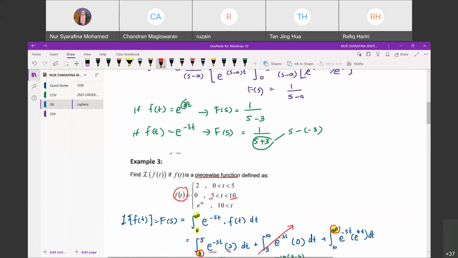Any question? Understand or not? Okay, try. So the middle one here is multiplied by 0, so no need. Just integrate the first one and the last one.